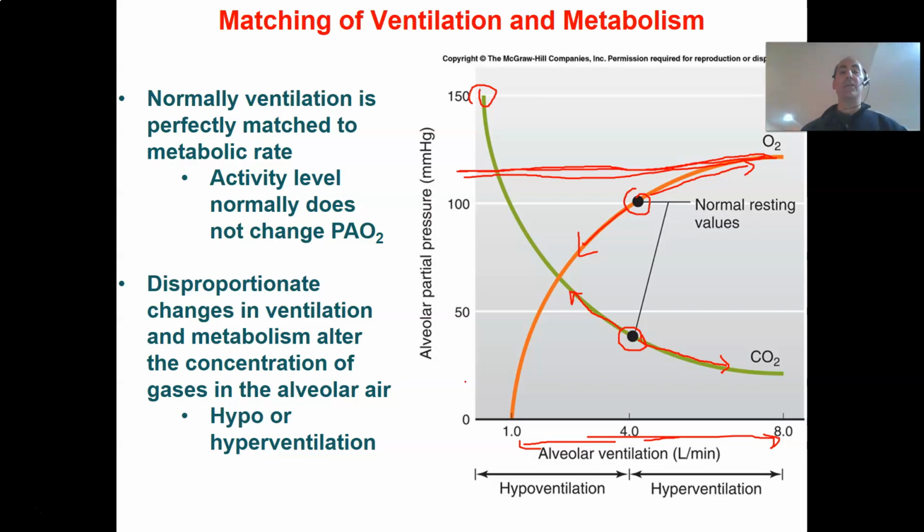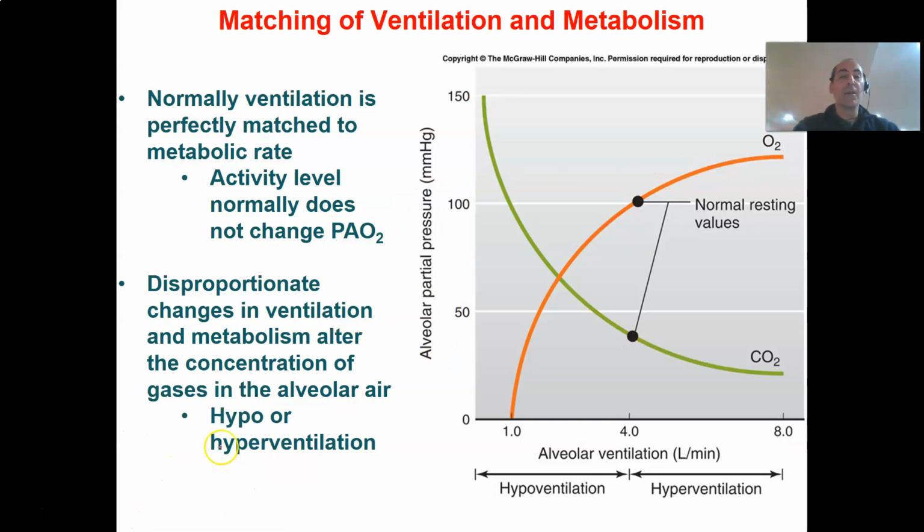And because of this equilibration between alveolar partial pressures and arterial partial pressures, you can get a pretty good idea. But barring some kind of measurement, you don't know that. So the bottom line is, what is this all about?